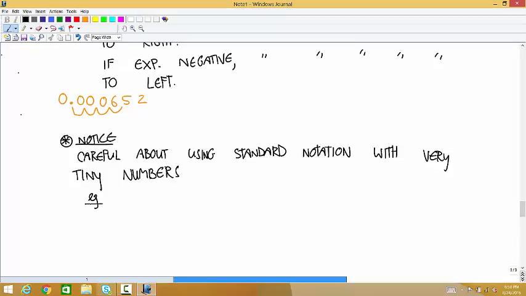For example, say that we have this number 0.0000872.